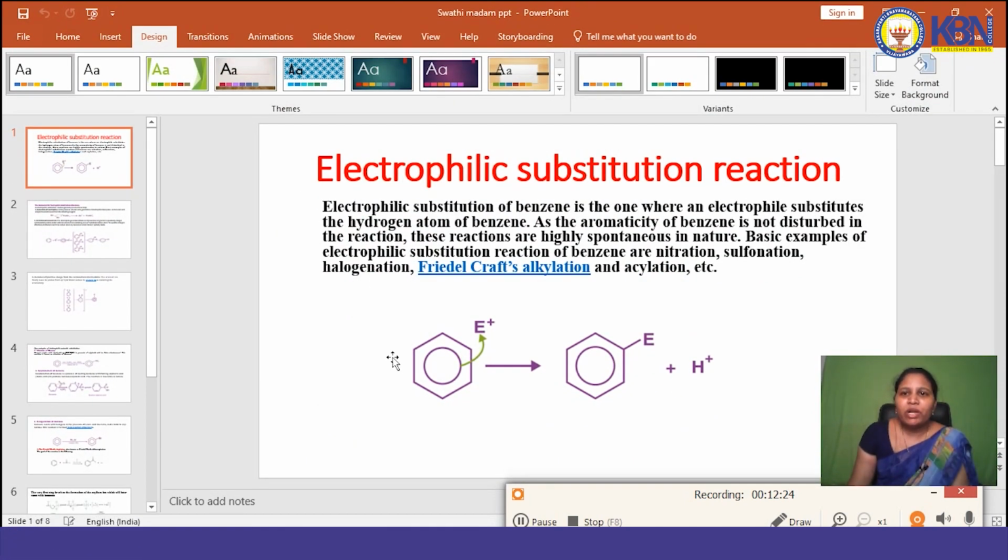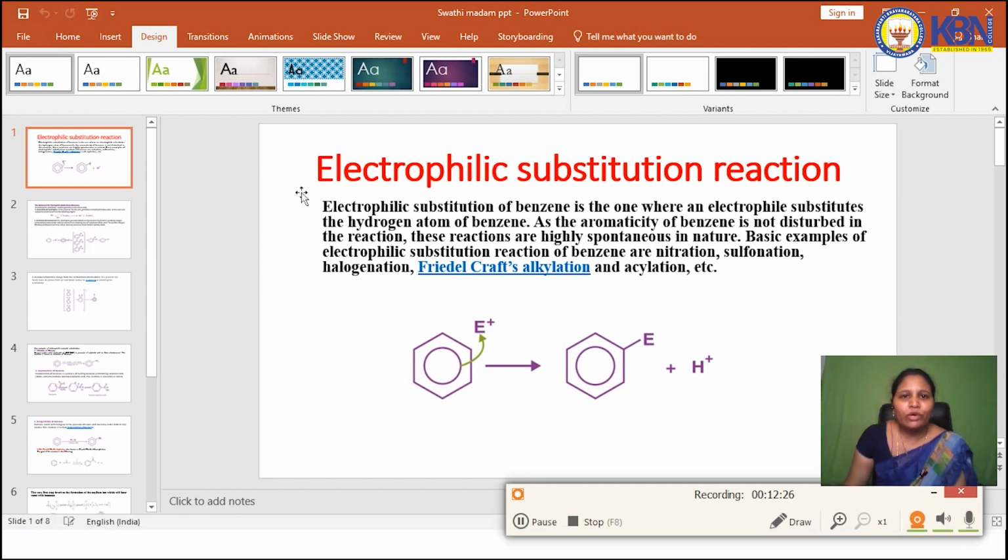So what is meant by electrophilic substitution? Electrophilic substitution of benzene is one where an electrophile substitutes the hydrogen atom of benzene. As the aromaticity of benzene is not disturbed in the reaction, these reactions are highly spontaneous in nature.